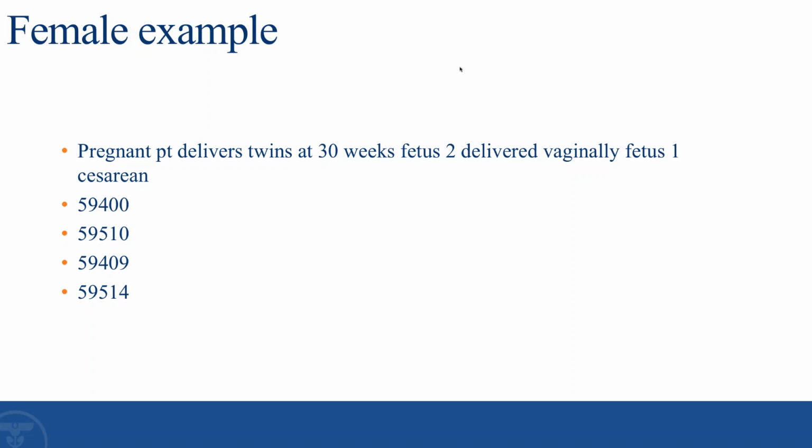You want to make sure you get 100% on your first procedure, and then it's going to be 50% on the second, and then 25% on the third, and whatever follows. So you always want to make sure that the most extensive procedure is listed first, because that's going to be your 100% of reimbursement. And the cesarean pays more than a vaginal delivery. Okay, thank you. You're welcome.